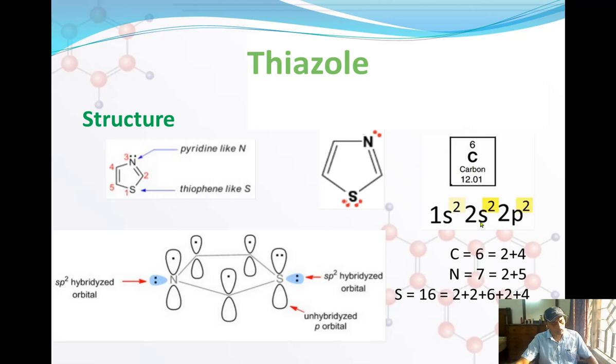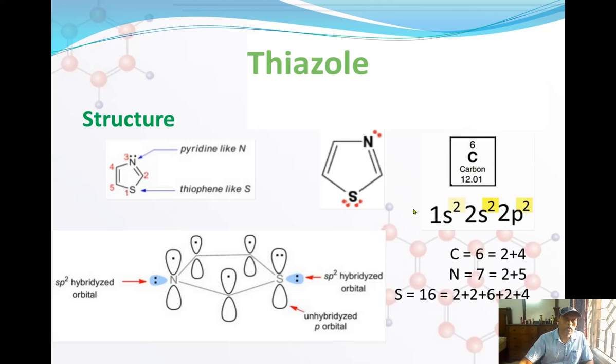In level number 2, you have subshells: the s subshell and the p subshells, 2px, 2py, and 2pz. Initially, the 4 electrons are going to be 2 in 2s and 1 each in 2px and 2py.